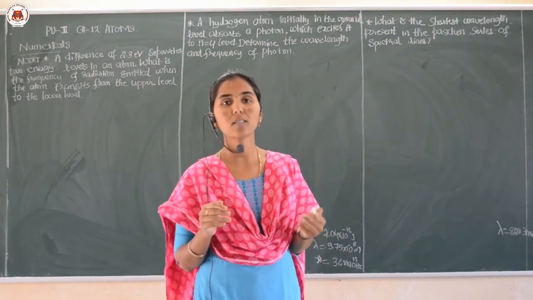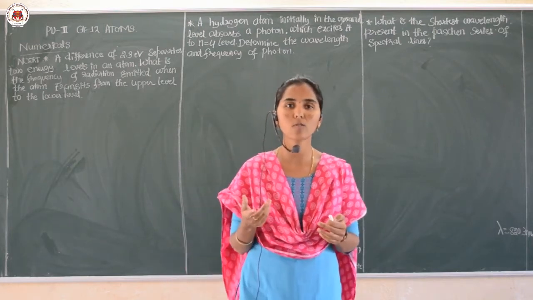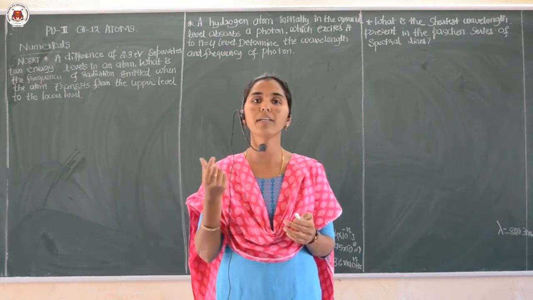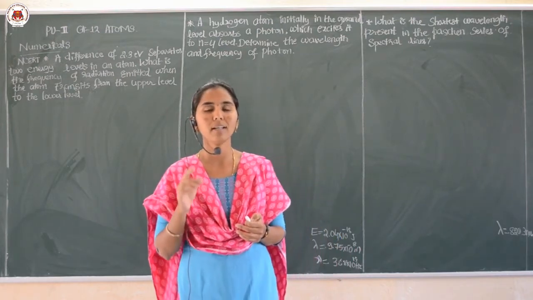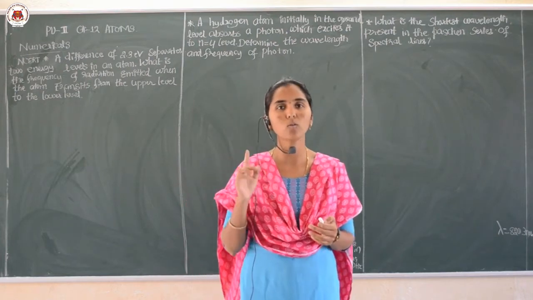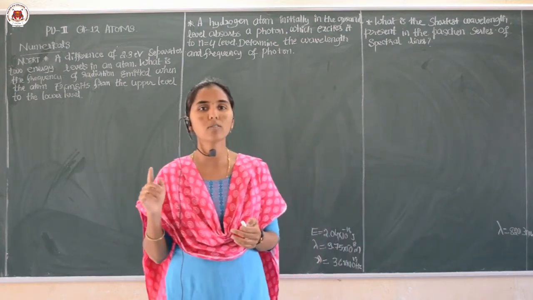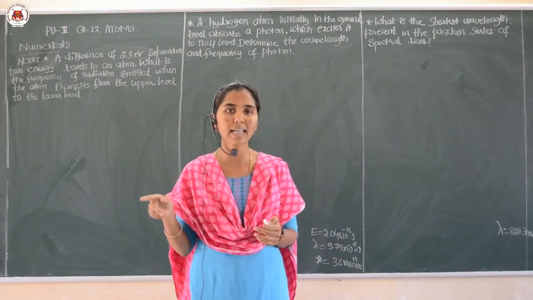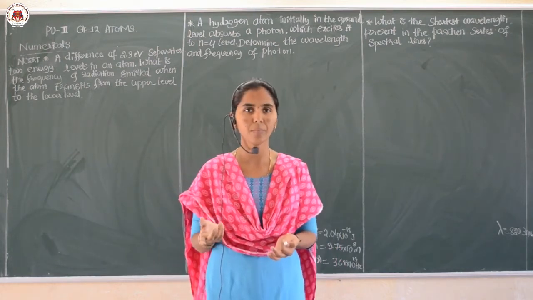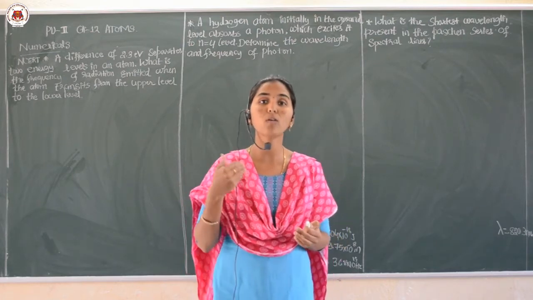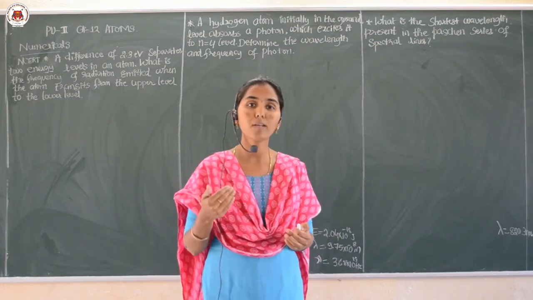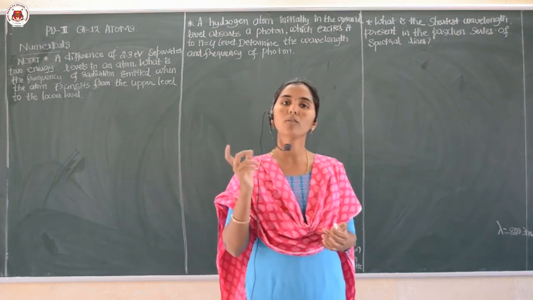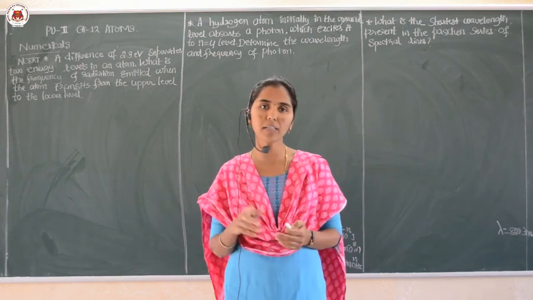Next, about the wavelength, in the study of the spectral series of the hydrogen atom, we derived the expression 1 by lambda is equal to R into 1 upon n1 square minus 1 upon n2 square, or nf square minus ni square, like that also we have taken. For the Lyman, Balmer, Paschen, Brackett and Pfund series, the n1 value will be different and n2 will be changing there.